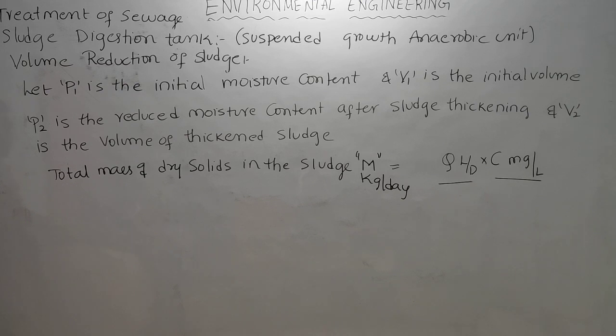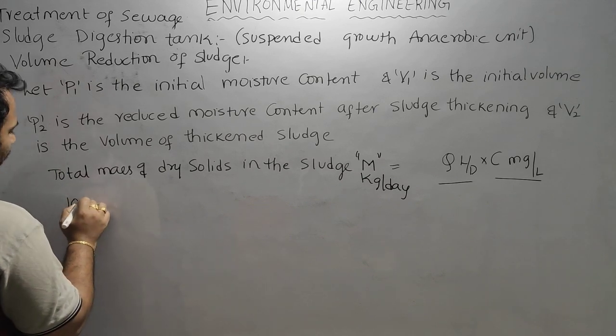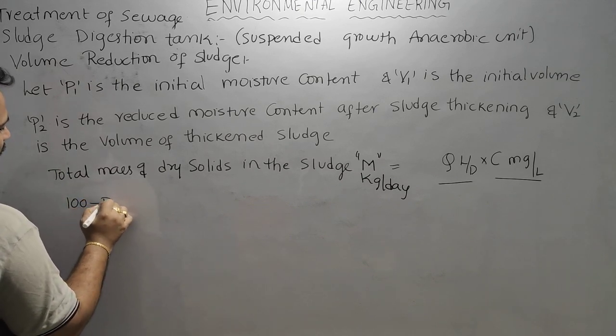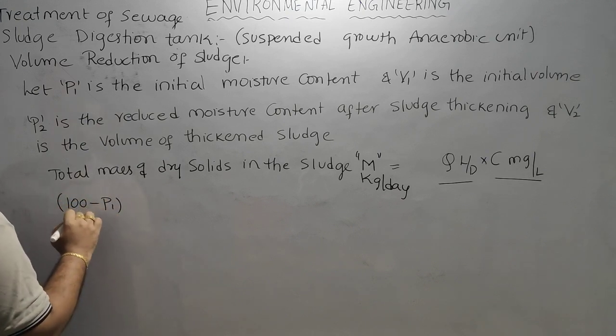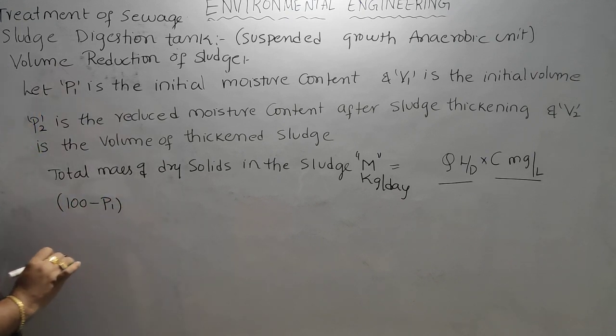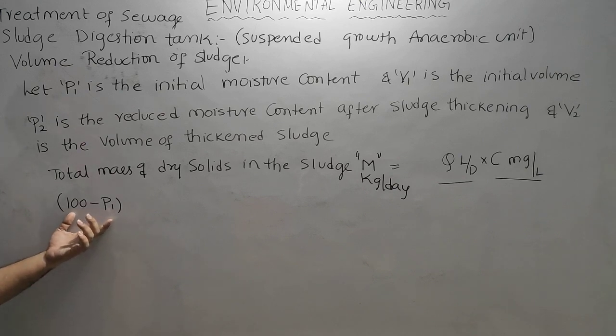So here, if P1 is the moisture inside the sludge, then what is the proportion of the solids? It is 100 minus P1. If you are taking 100 kg of sludge, then 100 minus P1 kg is dry solids.